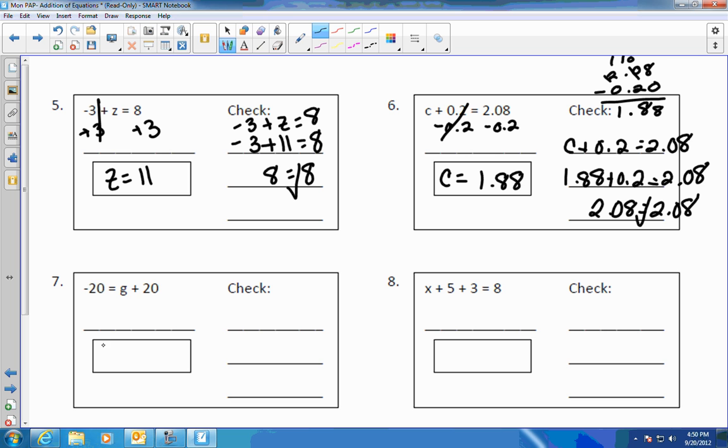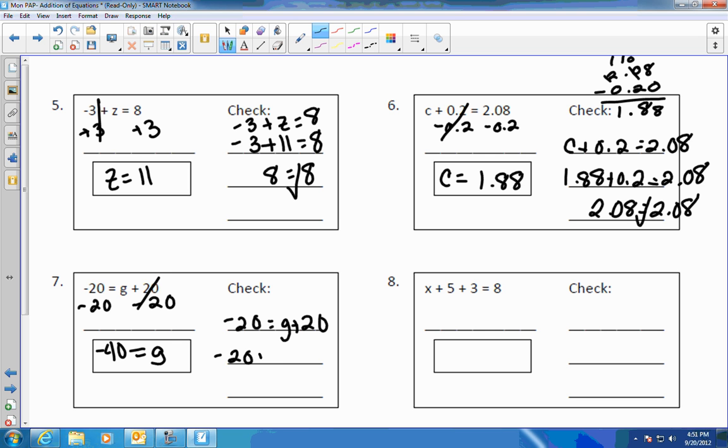All right, now this one's a little bit different because the G is on the other side. Doesn't matter. We always need the variable alone. So how do I get rid of a positive 20? With a minus 20. This goes away. I've got a G left over. Negative 20 and negative 20, negative 40. Again, always do a check to make sure you did it correctly.